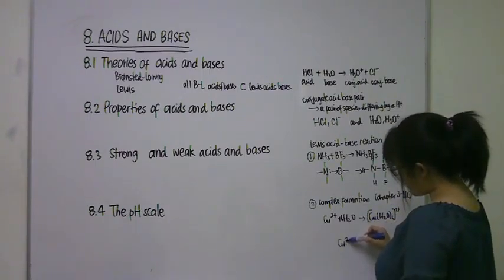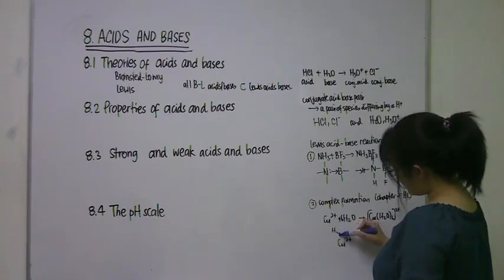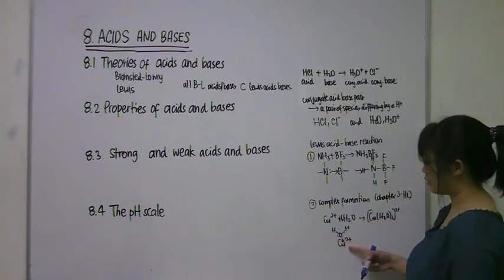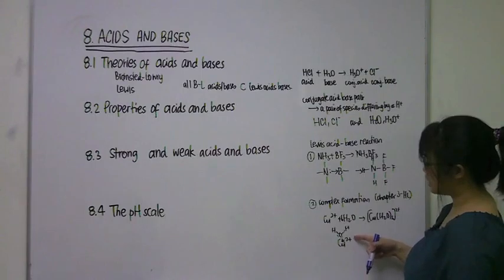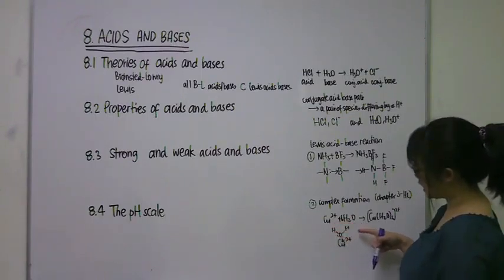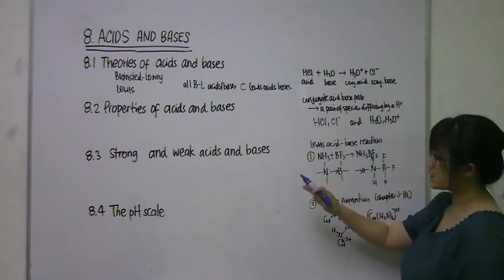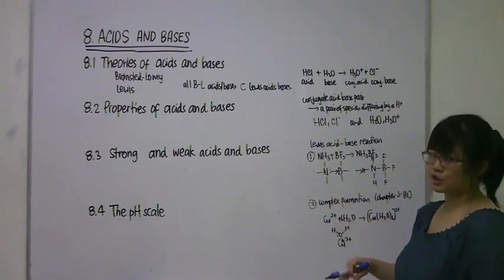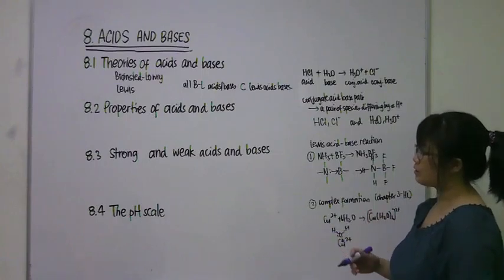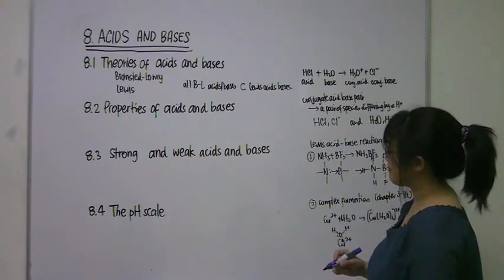Okay, in this case you have Cu2 plus, and the ligand will donate a lone pair to the metal ion. So in this case, your metal ion is the acid and the ligand is the base. Okay, so these two are specific examples of Lewis acid-base reactions which are not Bronsted-Lowry acid-base reactions.